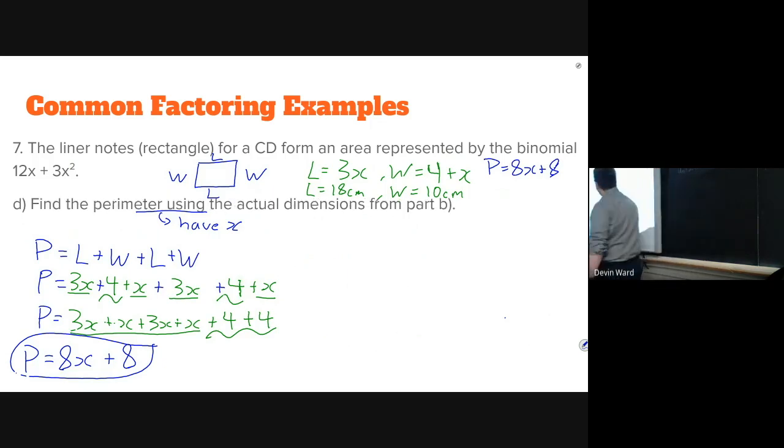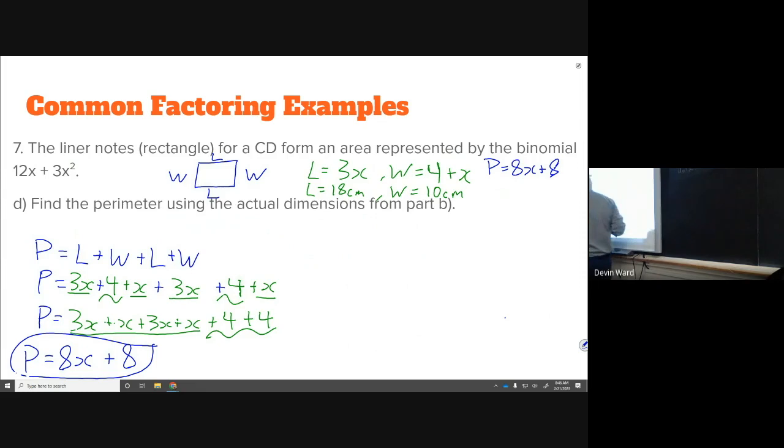Okay, now for part D, we want to find the actual dimensions of the perimeter using our dimensions from part B, which were our numbers.